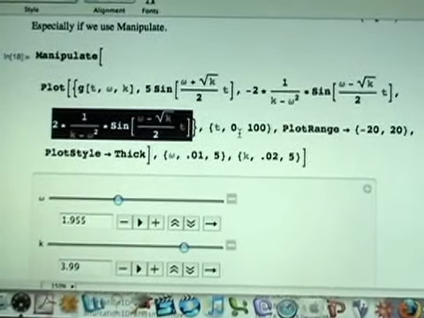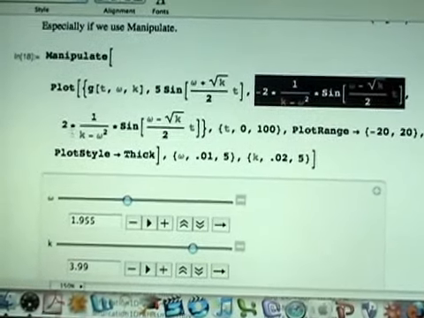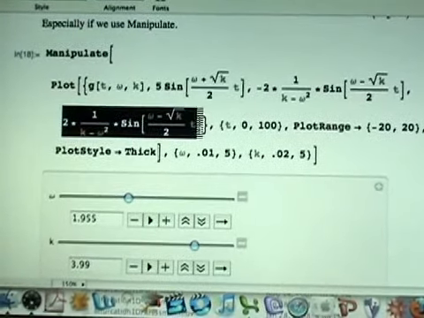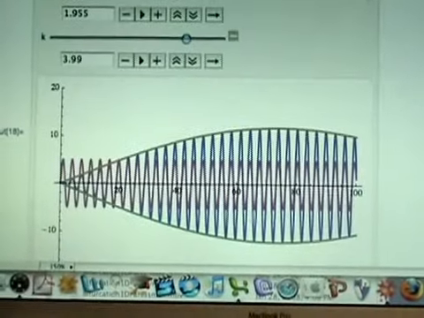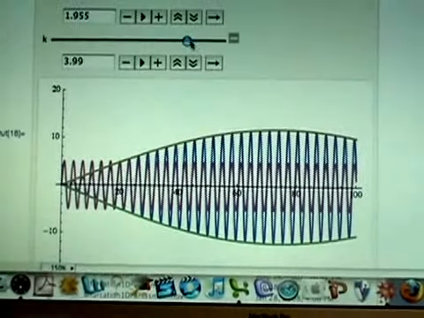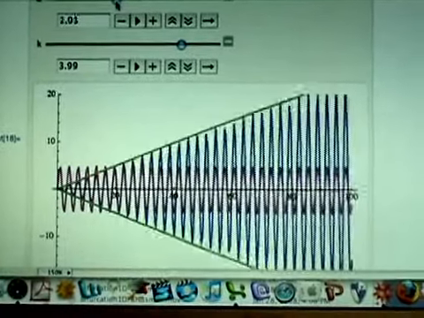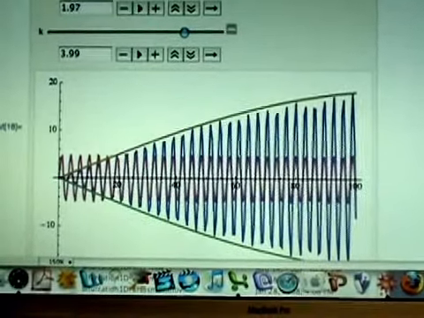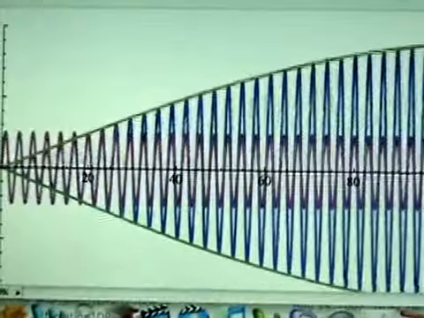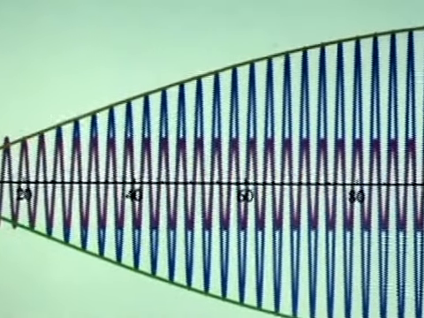I graph the slow oscillation up here with a negative 2 in front of it, and the slow oscillation with a positive 2 in front of it down here, to make sort of an envelope around the overall oscillation. You can see how that envelope changes as omega changes. The purplish curve is supposed to be representing the fast oscillation, and you can see the frequency of the purplish curve is the same as the solution curve, the blue curve.